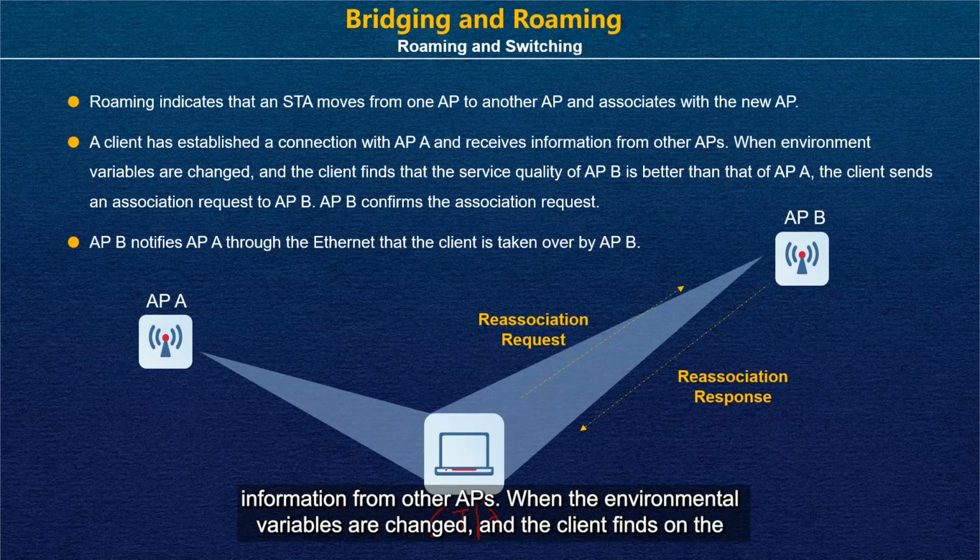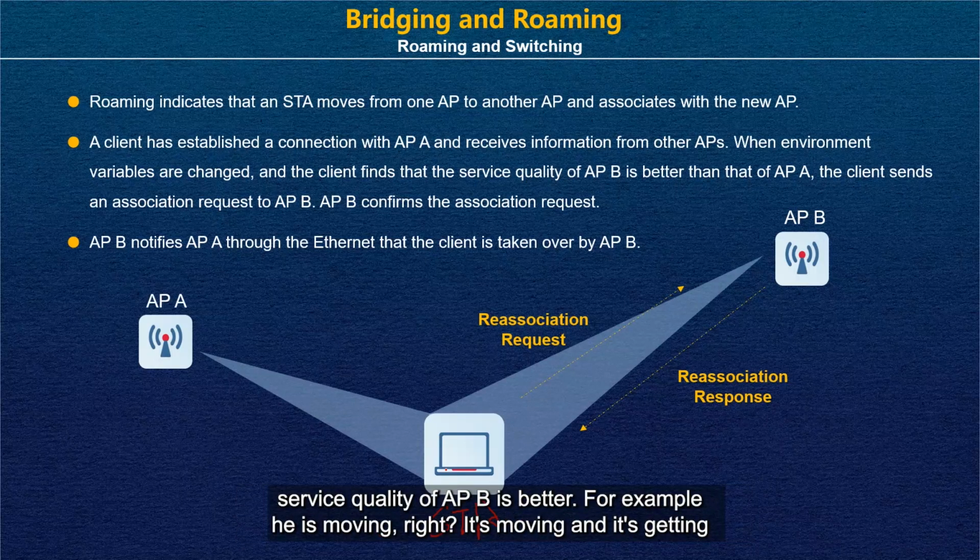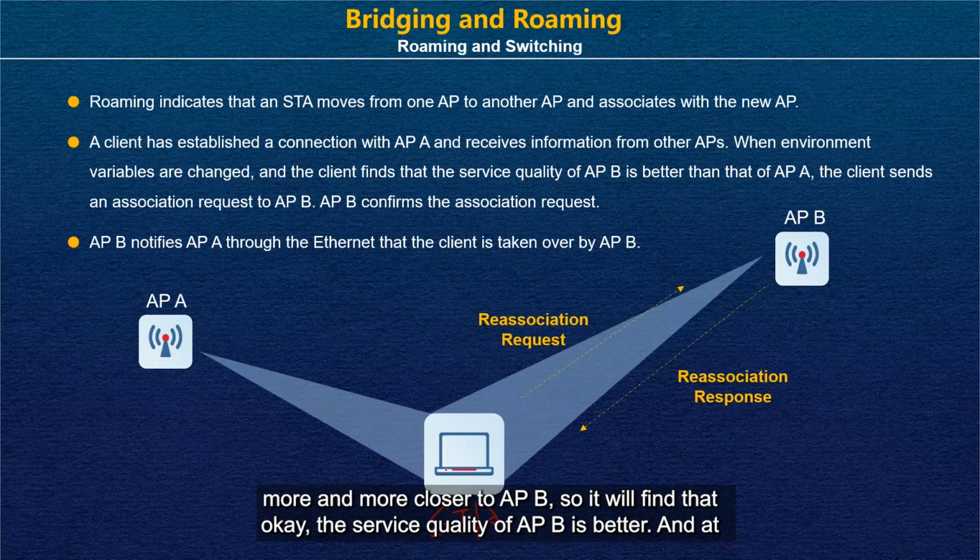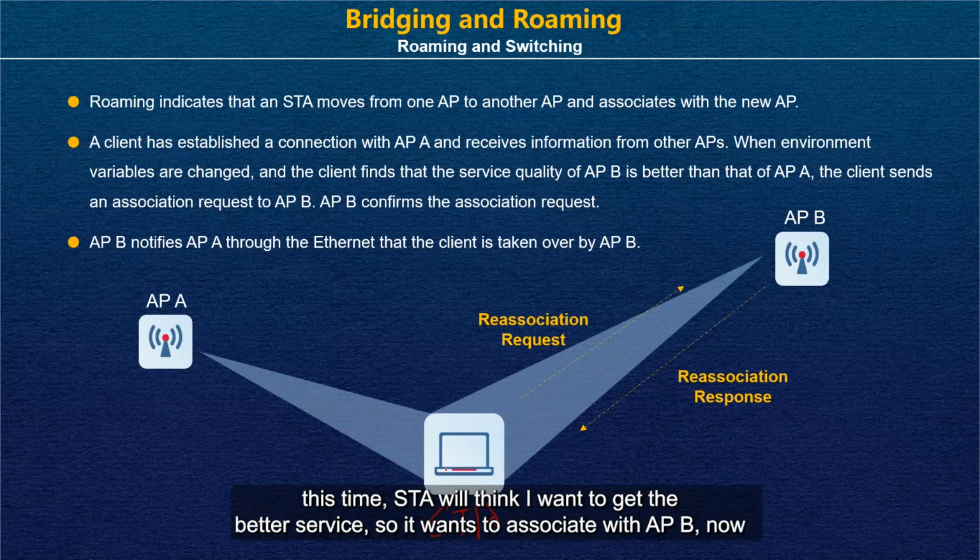When the environment variables change and the client finds that the service quality of APB is better, for example, it's moving and getting closer and closer to APB, it will find that the service quality of APB is better. At this time the STA will think, okay, I want to get the better service, so it wants to associate with APB now.